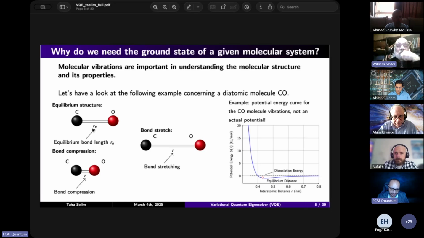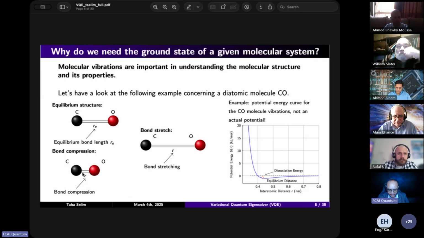So this is the balanced or default structure, and the bond can stretch, and of course the bond can compress, and together this stretching and compression gives us what we know as the vibrational motion. During this, we get what we call the potential energy surface.